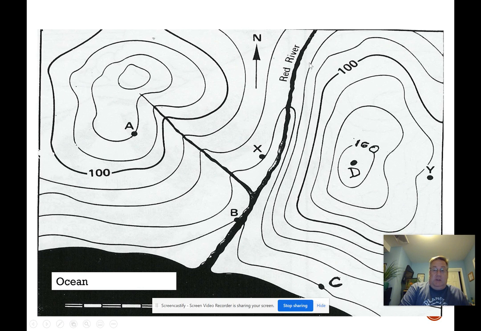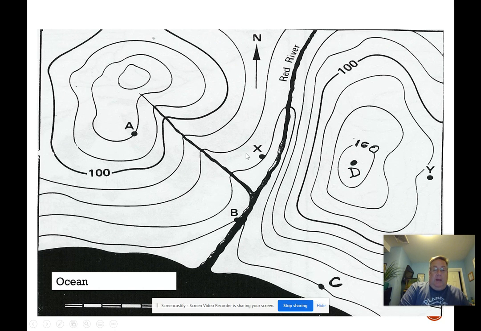So it's pointing to the northeast. That means the river is flowing to the southwest. And if I looked at this tributary over here to the left, my V's or U's, whatever you want to call them, are pointing to the northwest. So that means this tributary is flowing to the southeast.